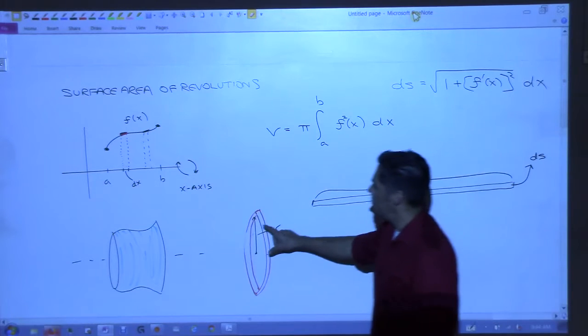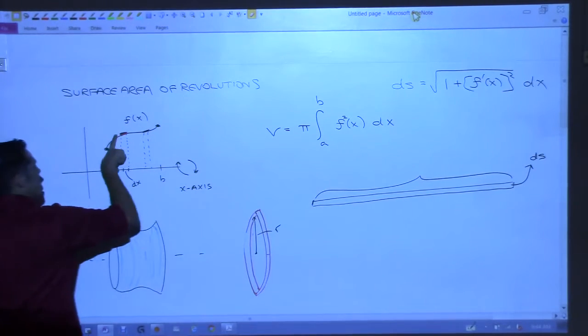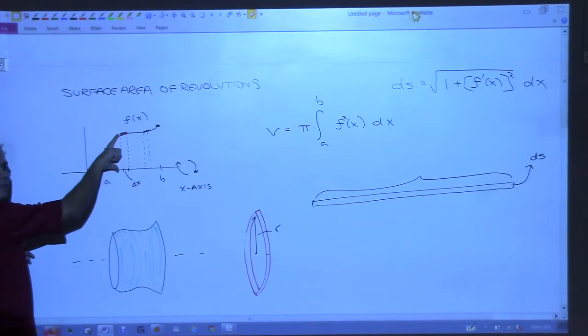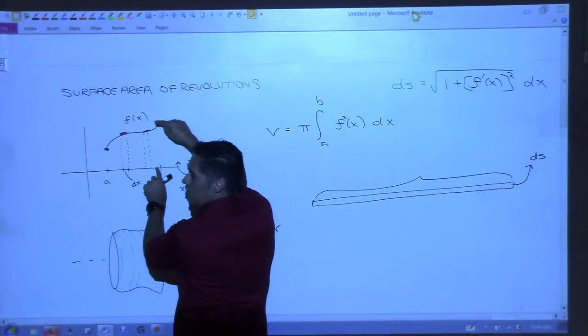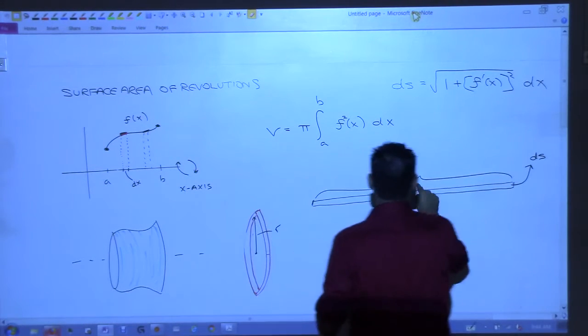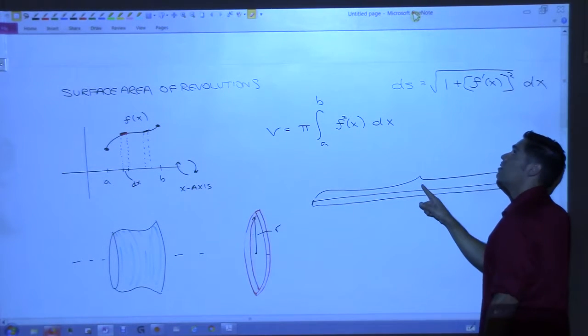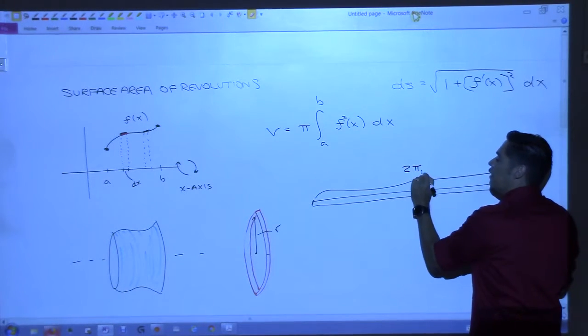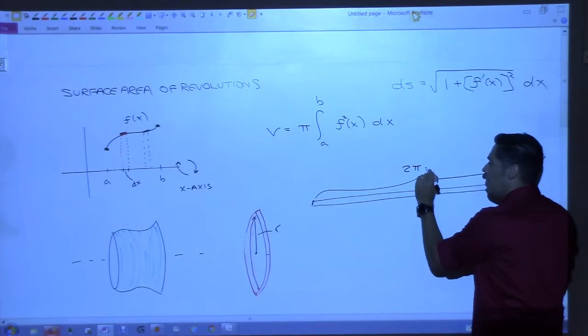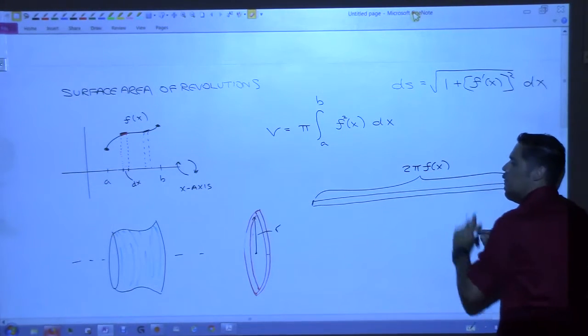For this slice, how high up was this? f of x, right? It's the function's value there. So as you move over, that is going to change. So what's the formula for circumference? 2 pi r, right? So this is 2 pi times the radius, but the radius is f of x.